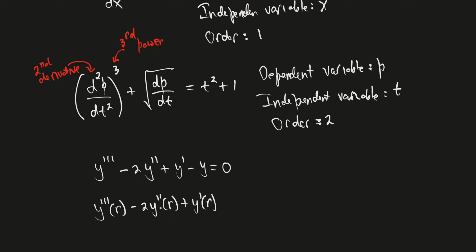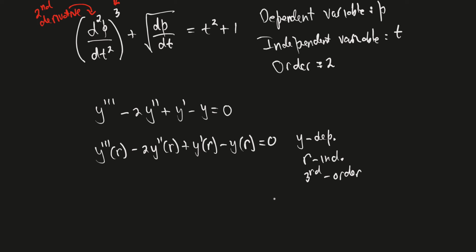And we can only have two variables in a single ordinary differential equation. So this one, it's clear that y is dependent, r is the independent variable, and this one goes up to a third derivative. So this would be order 3, or you can say third order, different ways to say it.